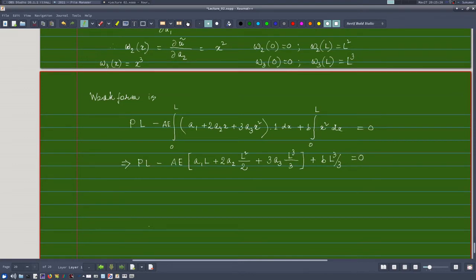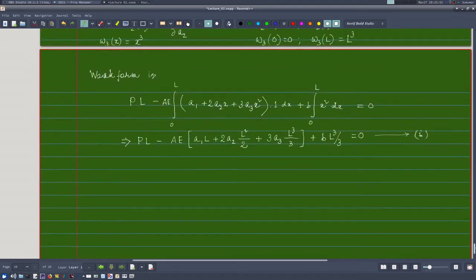So this is one equation which contains a1, a2 and a3. Let me number it as equation 1.